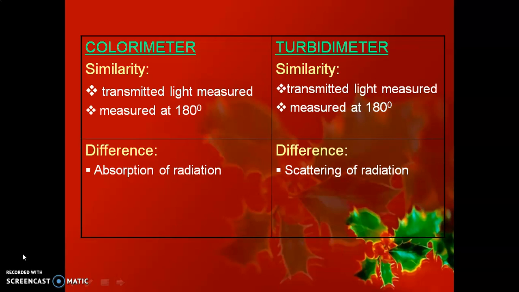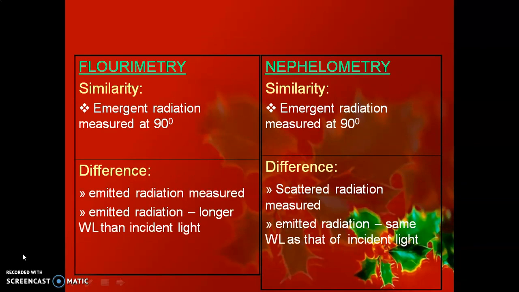The colorimeter is very similar to the turbidimeter, and the fluorimeter is very similar to the nephelometer.